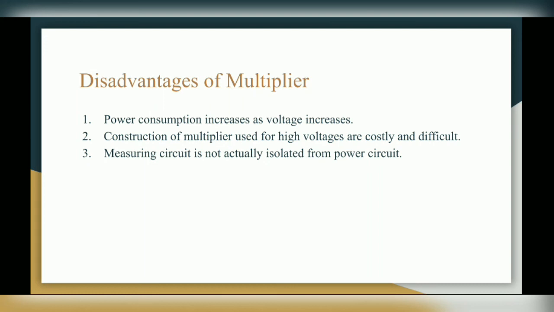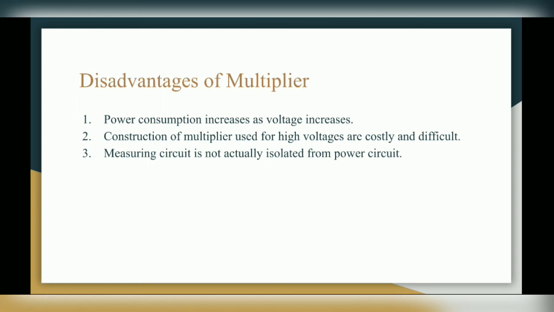Disadvantages of multiplier. First, power consumption increases as voltage increases, so power consumption is more for higher values of voltage. Second, the construction of multipliers used for high voltages is costly and difficult, more costly than for low ranges of voltage. Third, the measuring circuit is not actually isolated from the power circuit.